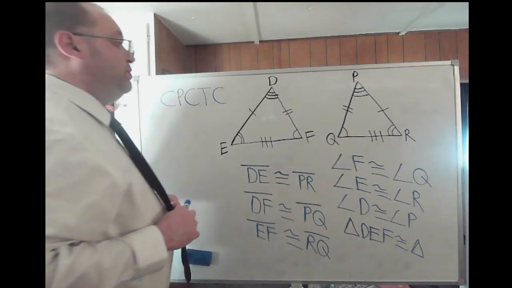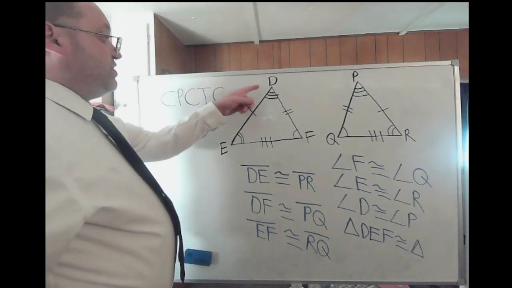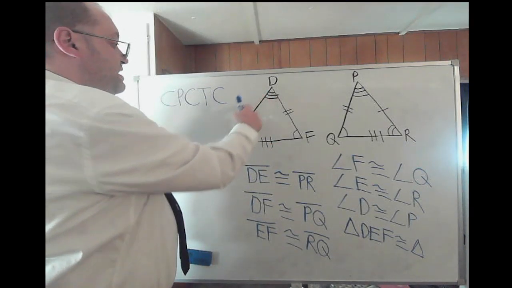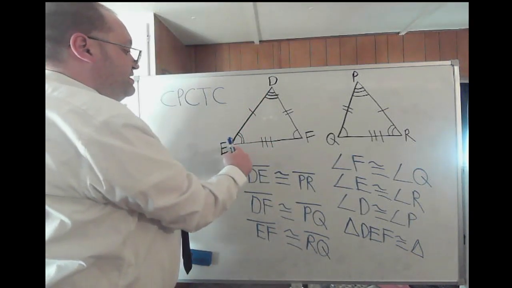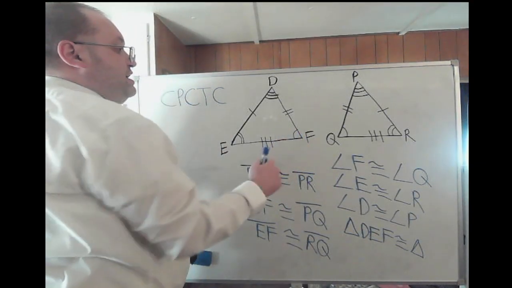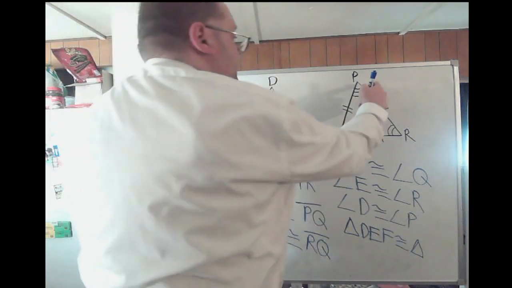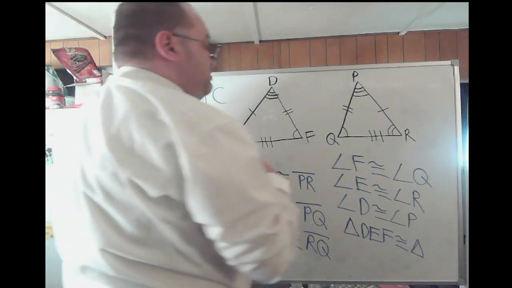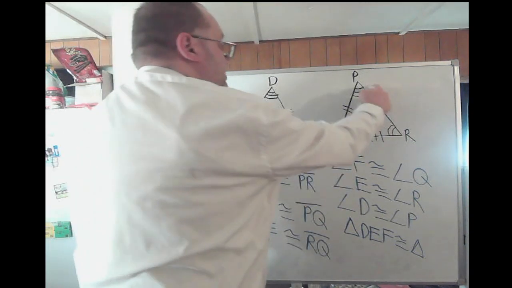Which triangle? Well, it starts D, E, and F. You notice it goes from one tick mark on this side, then to connect the other side, it goes to 3 tick marks. You want to start in the same order for the second triangle. So start where there's 1 tick mark. It would be PRQ. You want to go in the same order for both triangles.